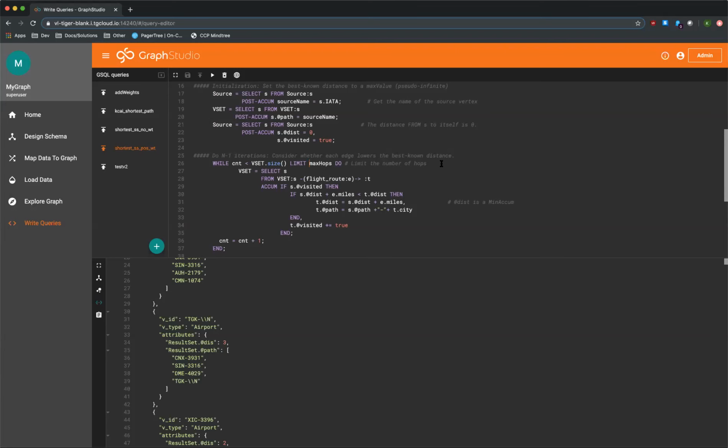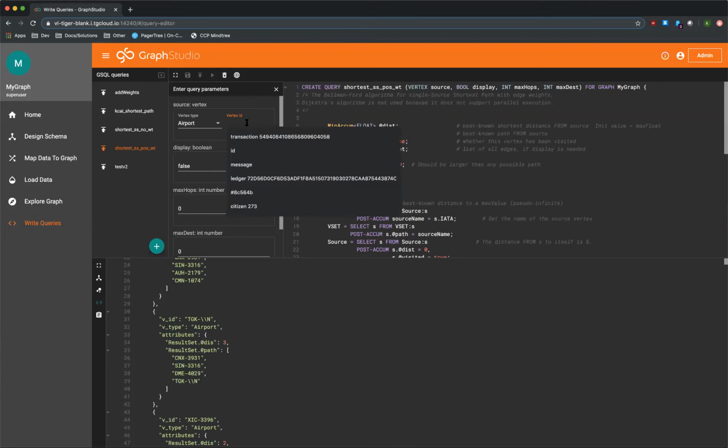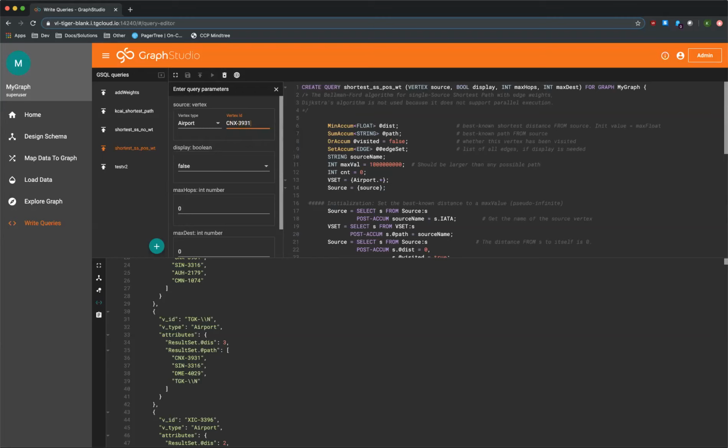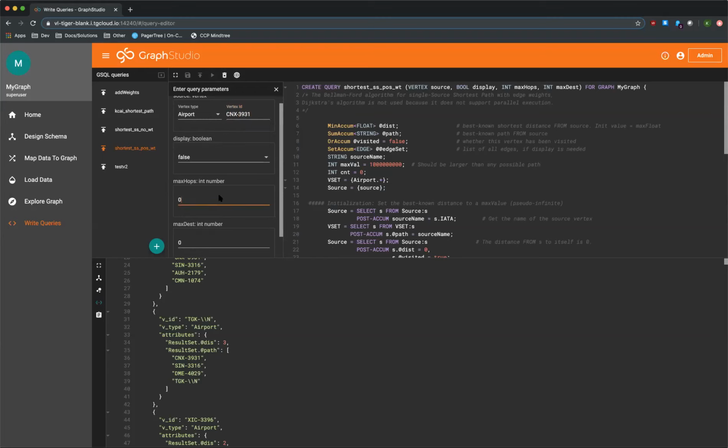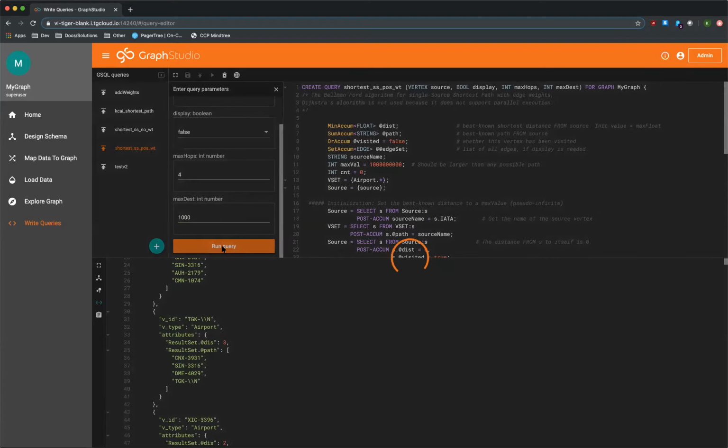So let's run this algorithm. Again, we could start from the same airport. We can set the hops to 4 or 5. And we could set the destinations to, let's do 1,000. It's not really a performance thing. It's really just so the output is sort of human comfortable.